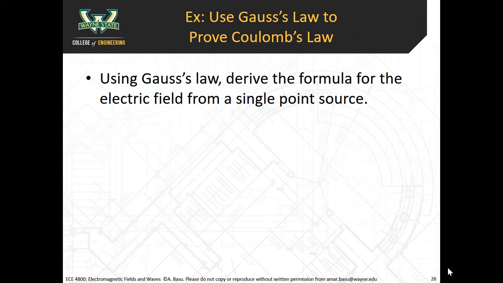I'd like everyone to try this problem: using Gauss's law, derive the formula for the electric field from a single point source. Imagine that you have a single point source with charge Q right at the origin, and we're going to use Gauss's law to find the electric field at some distance away from that.